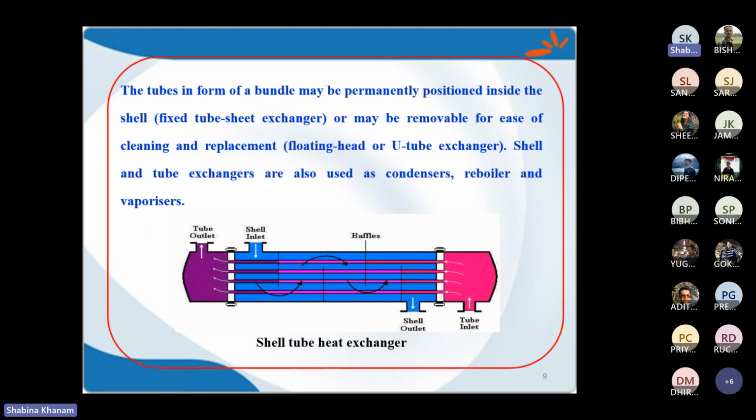Let's say this is the shell, the blue section, and this is the tube sheet, and this is the tube sheet. So whatever fluid is entering the shell will stop over here. It cannot move to this side. Similarly, the fluid cannot move to this side.